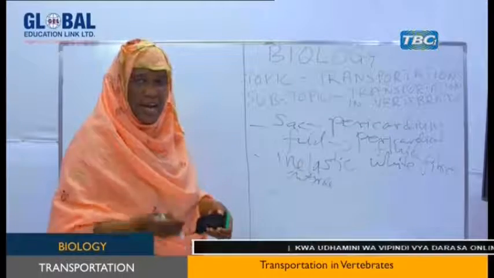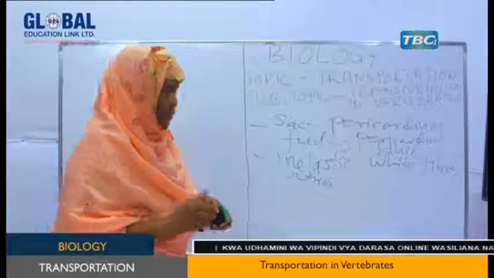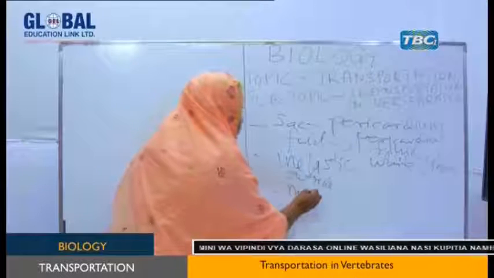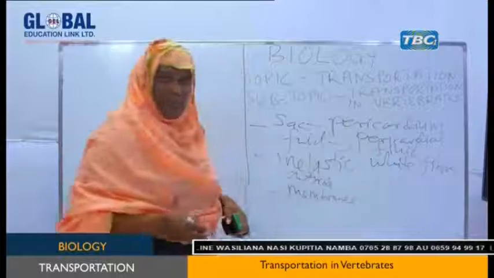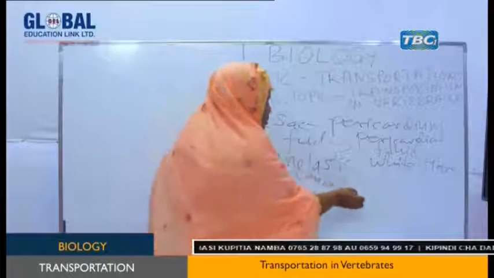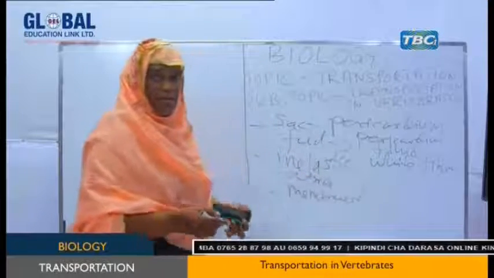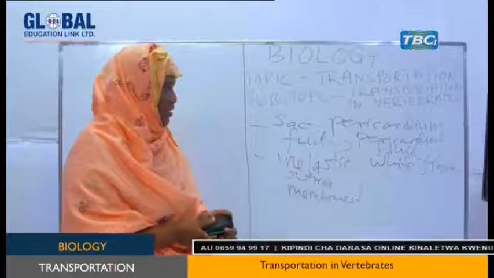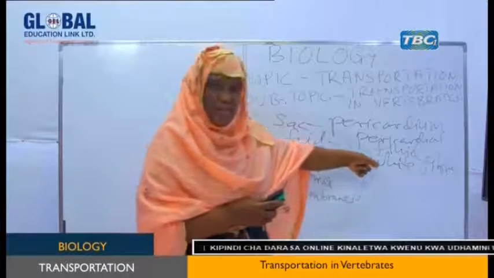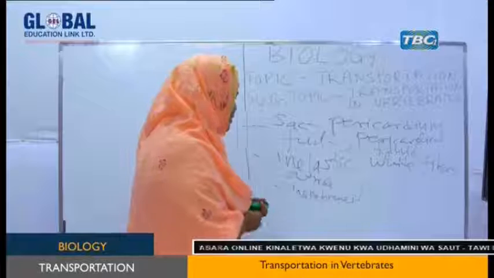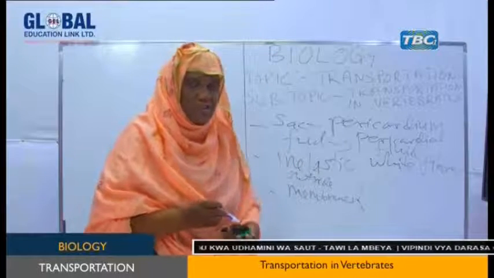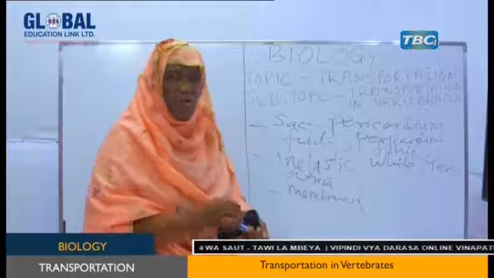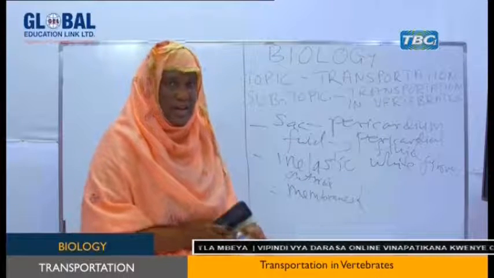Inside there are two membranes. The outer membrane, which is connected to the white fibers here, and the inner membrane, which is connected to the wall of the heart.